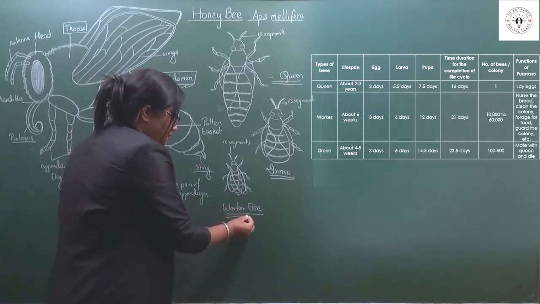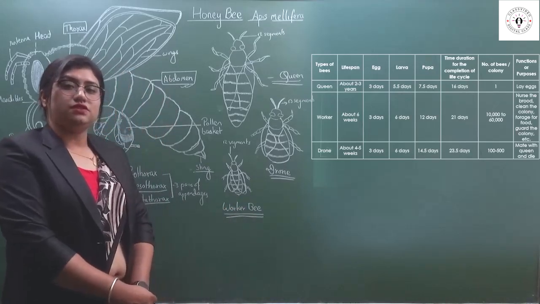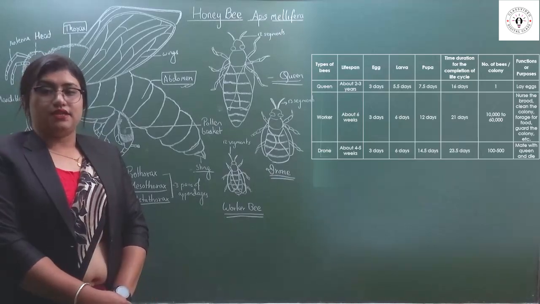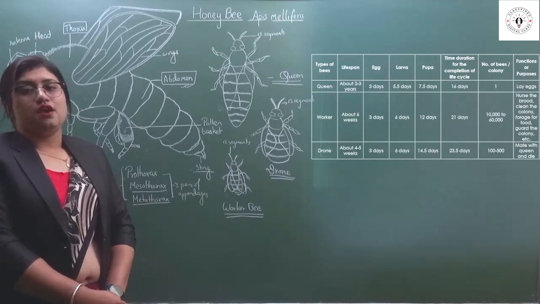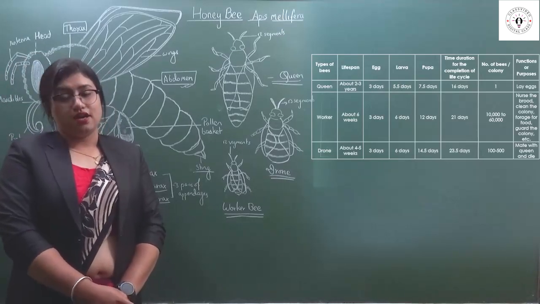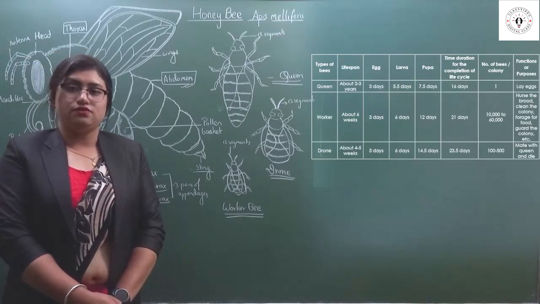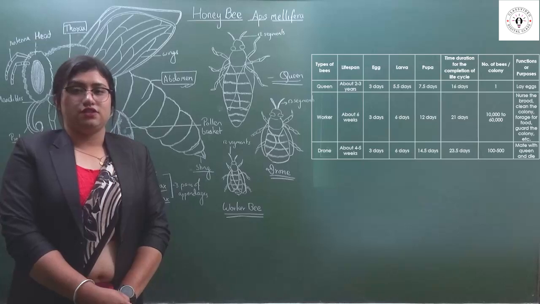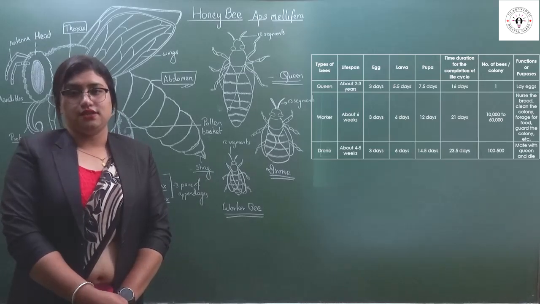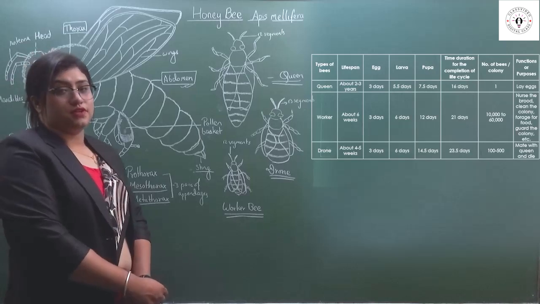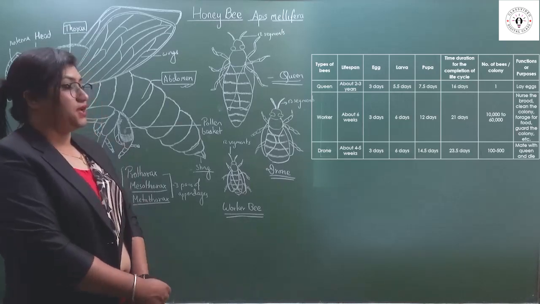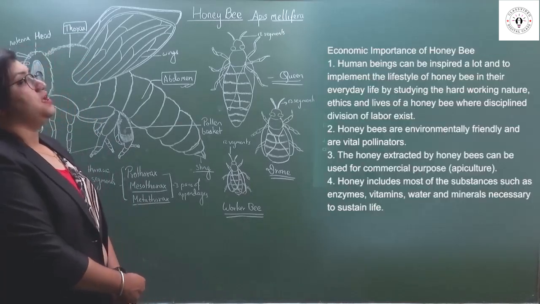And the worker bees, the whole function of the beehive, that is cleaning of the beehive, construction of the beehive, guarding of the beehive, and also foraging the food for the other bees in that beehive. So these are the things that we need to remember for the honeybee. I hope you are clear about this.